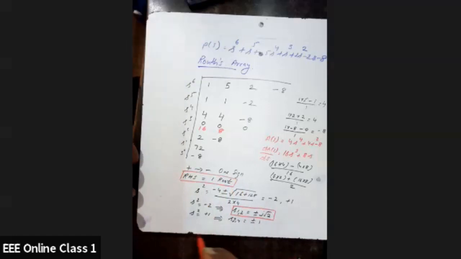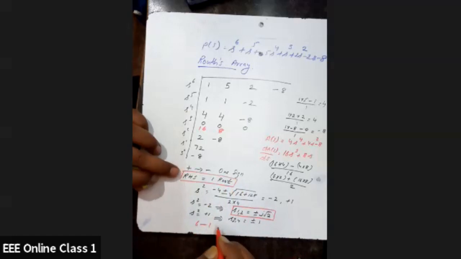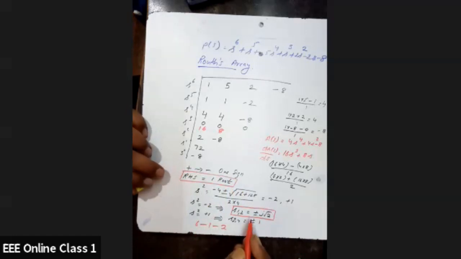So out of 6, 1 root is in RHS and 2 roots are on the j omega axis.